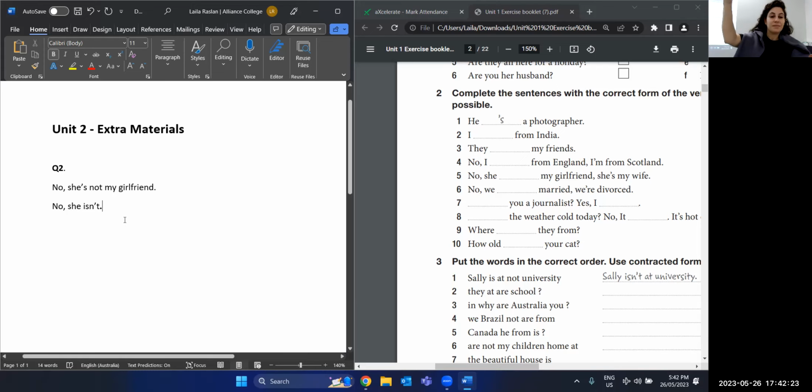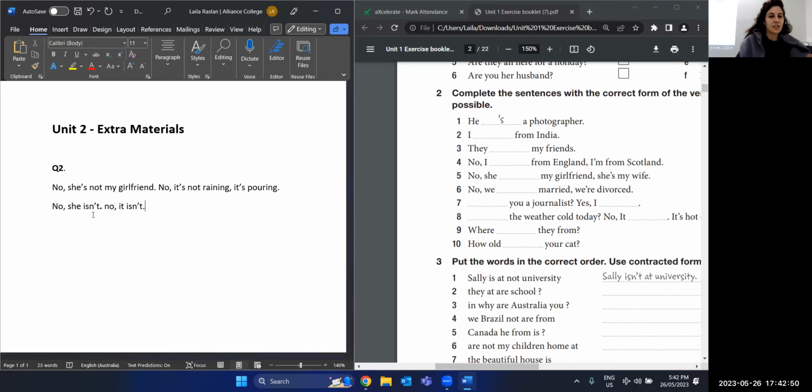No, it isn't. Is it raining? No, it's not raining. It's pouring. You see, so this one, because I gave more information, I would go for this one. No, it's not raining. It's pouring. But if I just wanted to say, is it raining? Is it raining? No, it isn't.